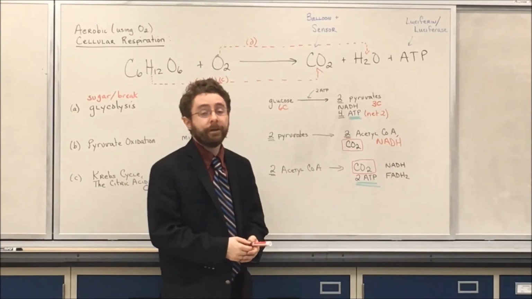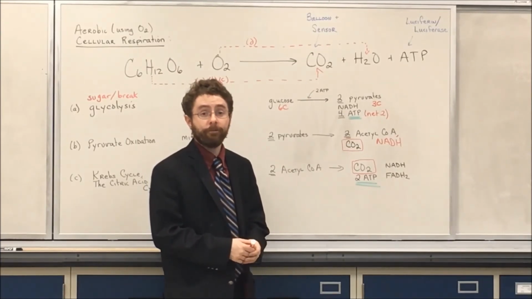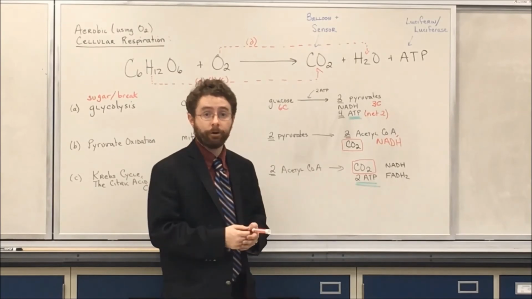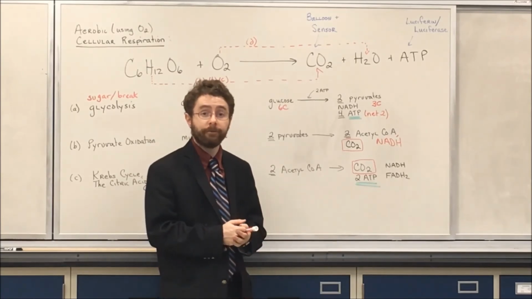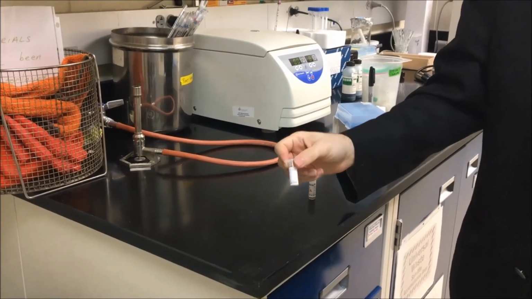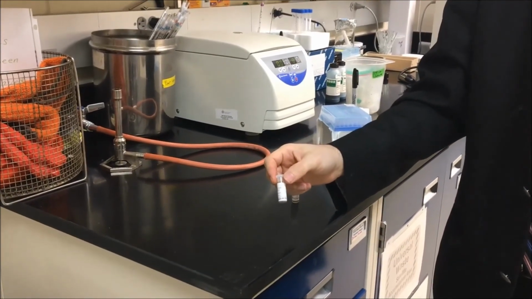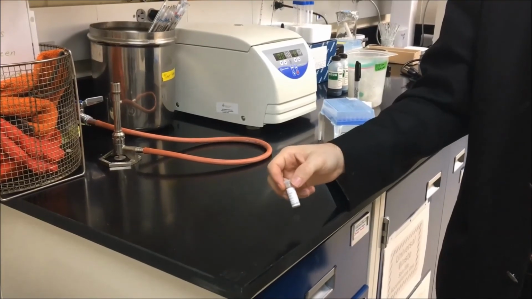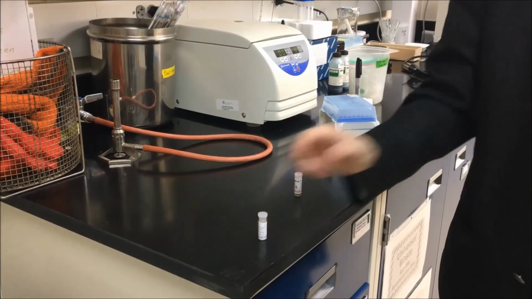When ATP is incubated with luciferin and luciferase, glowing occurs, and that's how firefly tails glow in the dark. Here's a vial of firefly tails which have luciferin and luciferase.